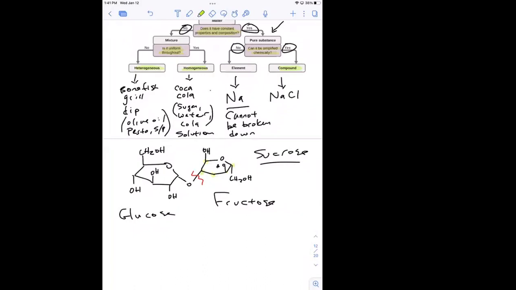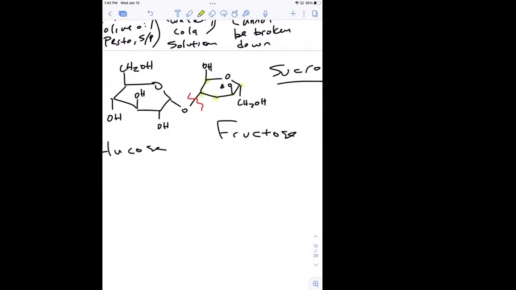All right. Another thing about this is that the composition, no matter if you take 10 grams of sucrose, 100 grams of sucrose, or 5 grams of sucrose, it doesn't matter. It's always going to be composed of the same thing. It's going to be 42.1%, sorry, carbon. It's going to be 51.4% oxygen and 6.5% hydrogen. It doesn't matter what you do, where you take it from.